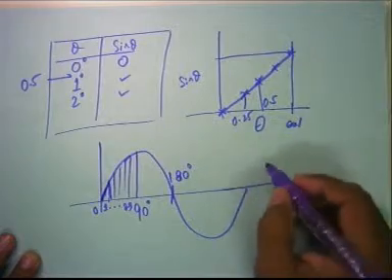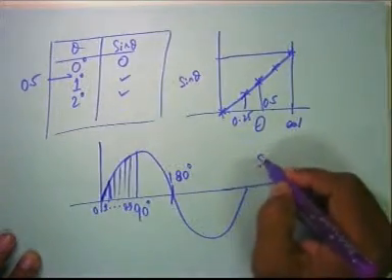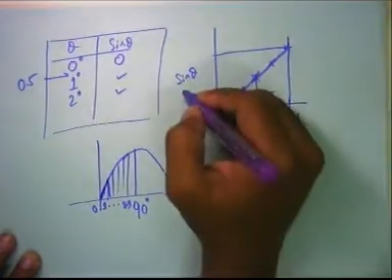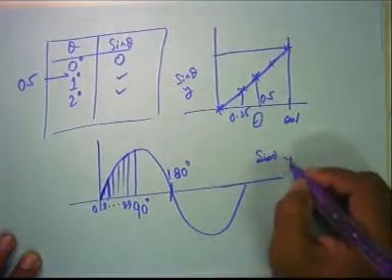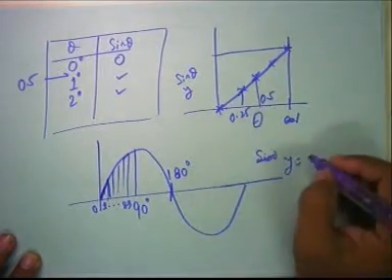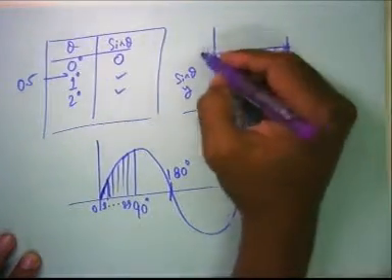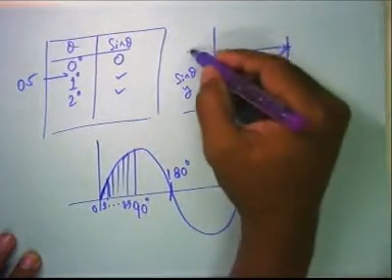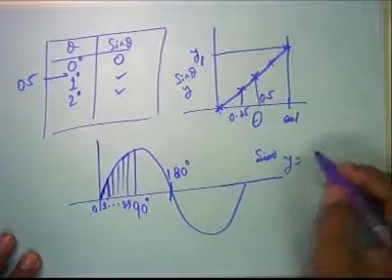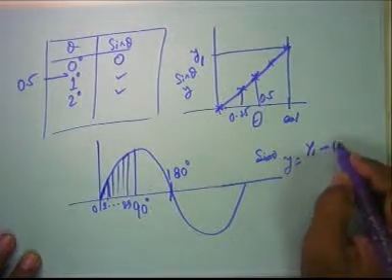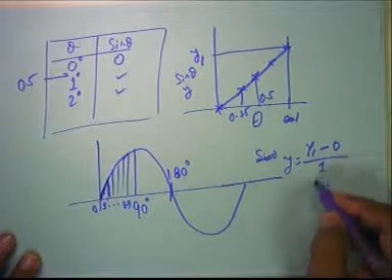So, this sin theta, say this is y. So, y is equal to whatever you have this value. So, this value is y at 1 minus 0 over 1.